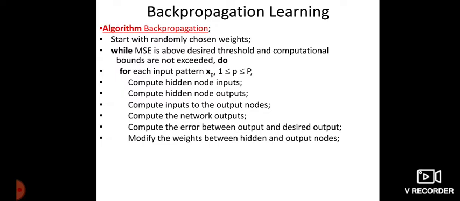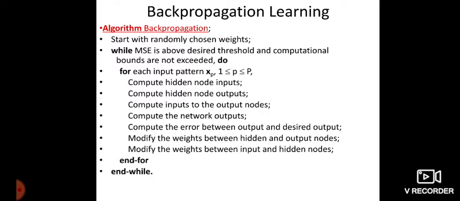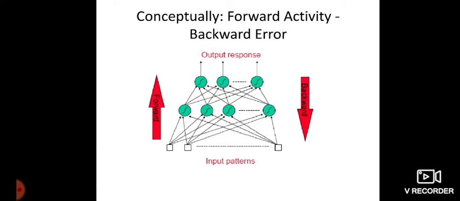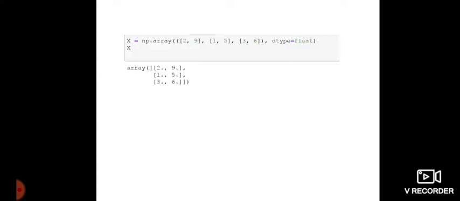Once you compute the error, we need to modify and adjust the weights between the hidden node and output node, and also modify the weights between the input and hidden node. So this slide represents the diagrammatic representation of a neural network to show the forward phase and backward phase.